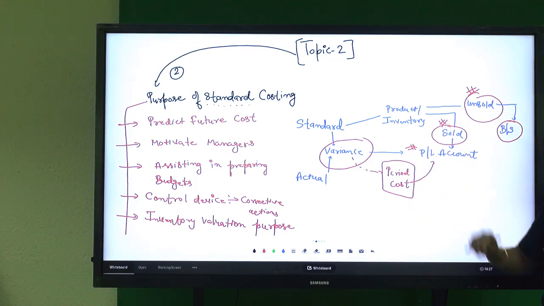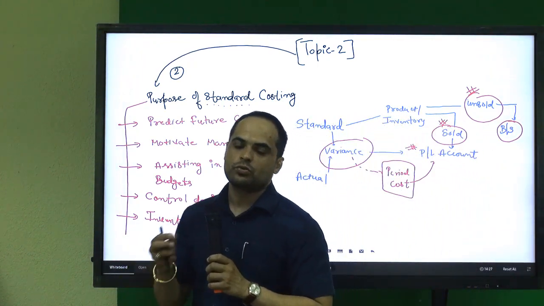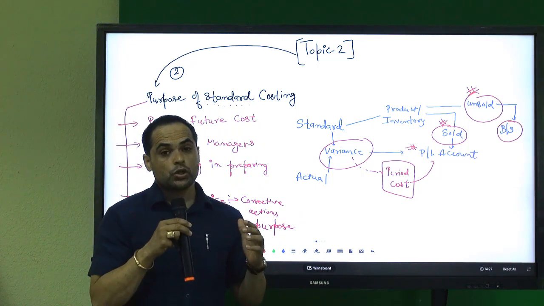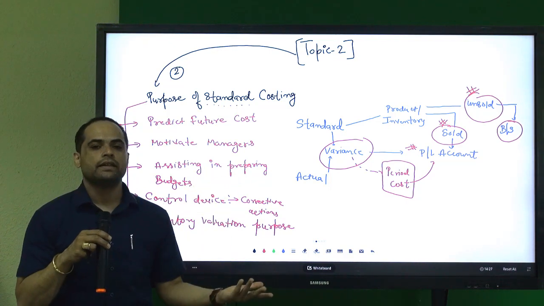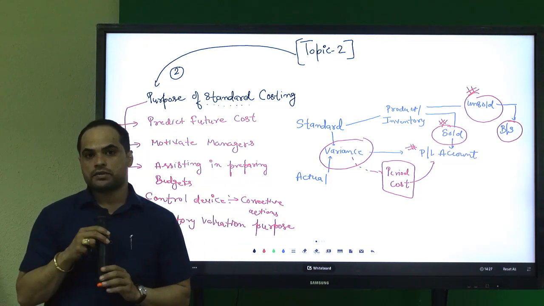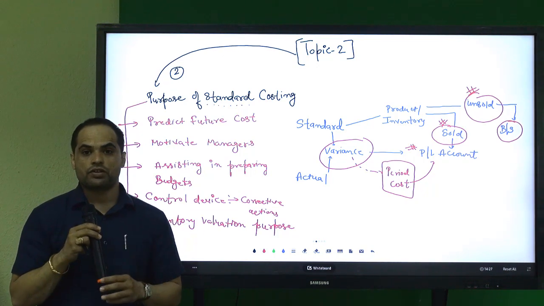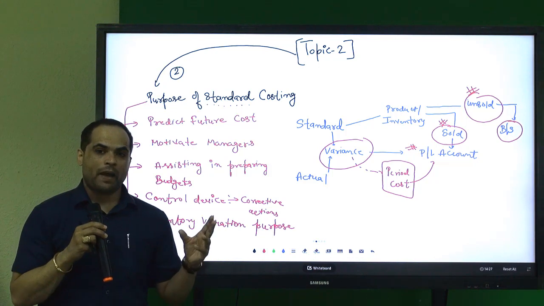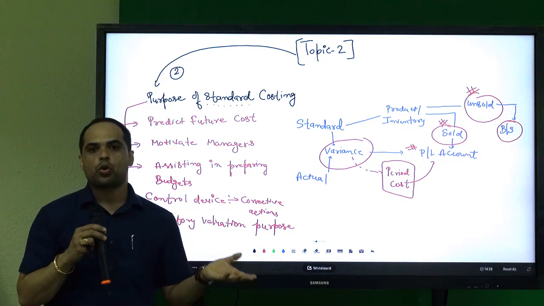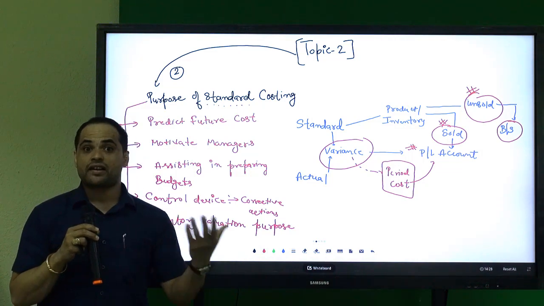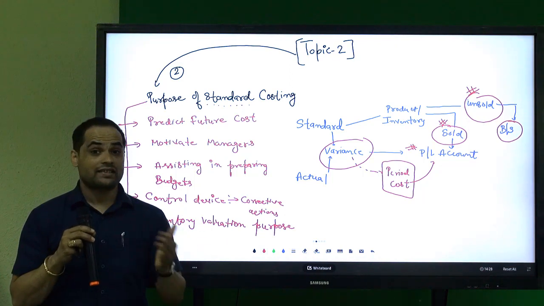We can do these things with the help of standard costing. If we ignore the standard costing system, what will be the impact on the company's income statement or short-term assets such as inventory? Cost could be undervalued or overvalued, so the final results will also have problems and issues.